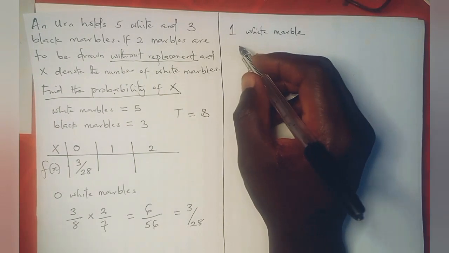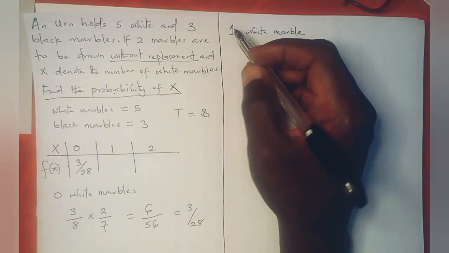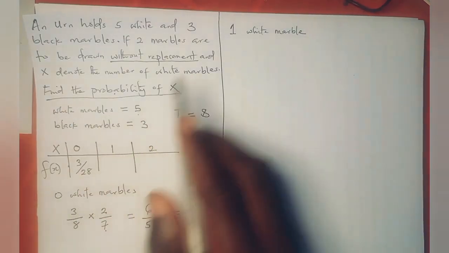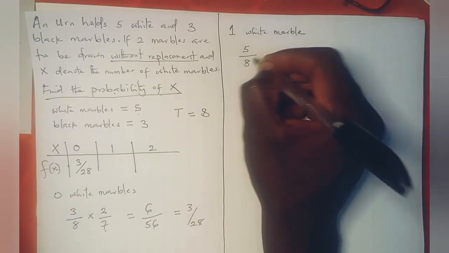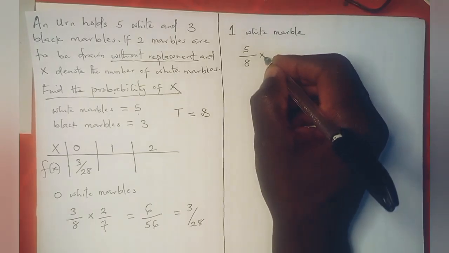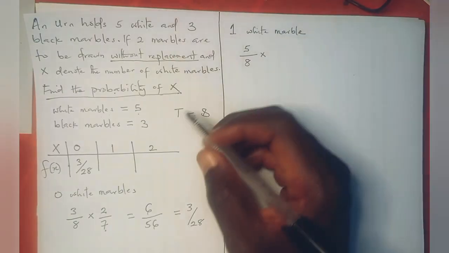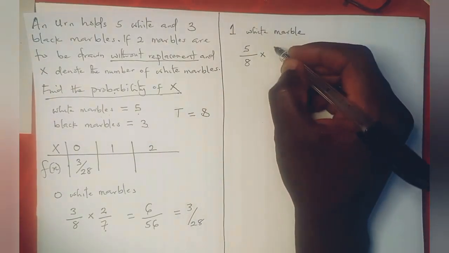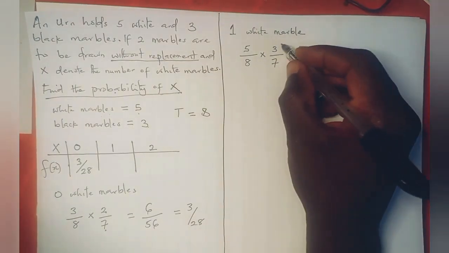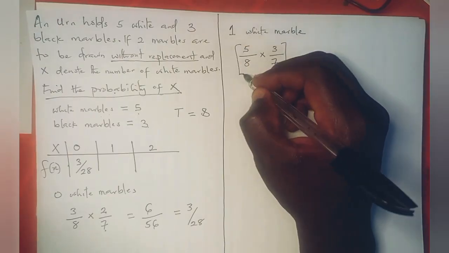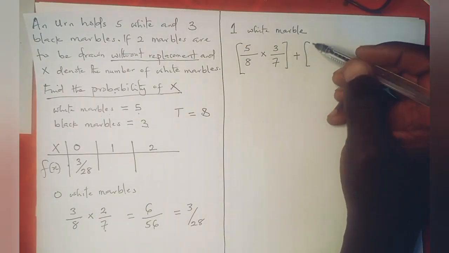The first marble drawn is white. Don't forget we have 5 white marbles. So the probability here is going to be 5/8 multiplied by the second marble drawn being black. The number of blacks still remains intact, which is 3. So we have 3 divided by 7. This has already reduced. Then plus, the first marble drawn is black.